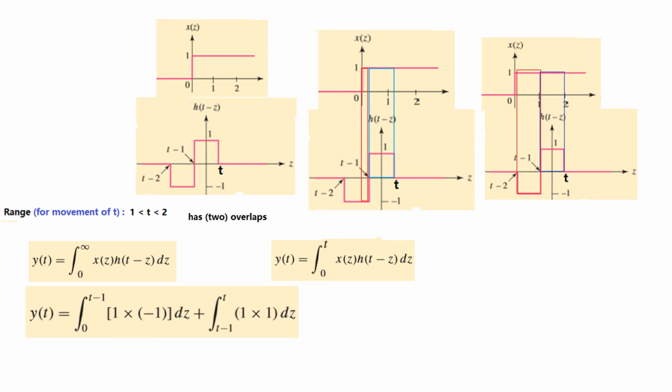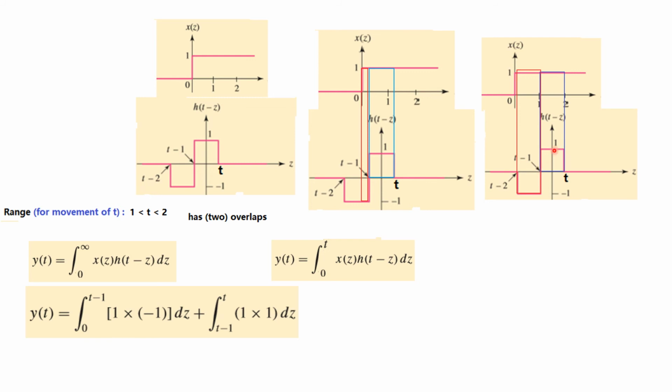And now if you further analyze the two pulses, you see this is the negative pulse multiplied by 1 and this is the positive pulse multiplied by 1. So we can break this range from 0 to t as, from here this point is t minus 1.